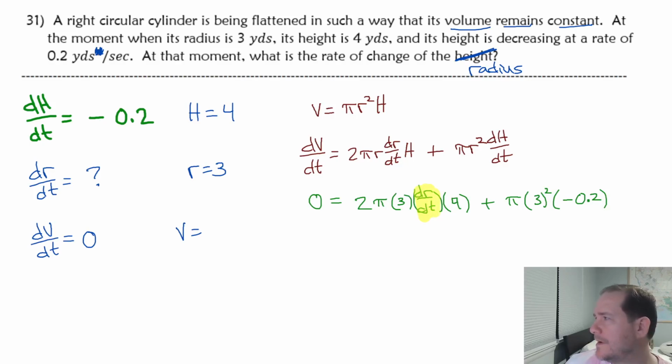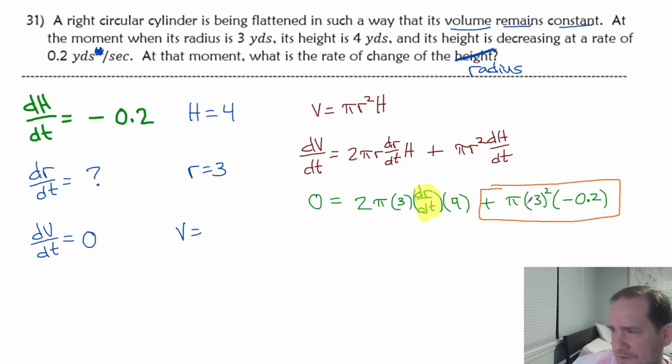Alright, so from here we can get to work, bearing in mind that dr dt, that's the guy we're solving for. So as we do this math, I guess it pretty much makes sense. Let's take this negative guy and just kick him to the other side since we equal 0. So this is what? 3 squared is 9, times 2 is 18, but it's 0.2, so it's 1.8. So 1.8 pi. And that'll be chilling over here on the left-hand side. Over here on the right-hand side, again, this looks like a 9, but don't get fooled.